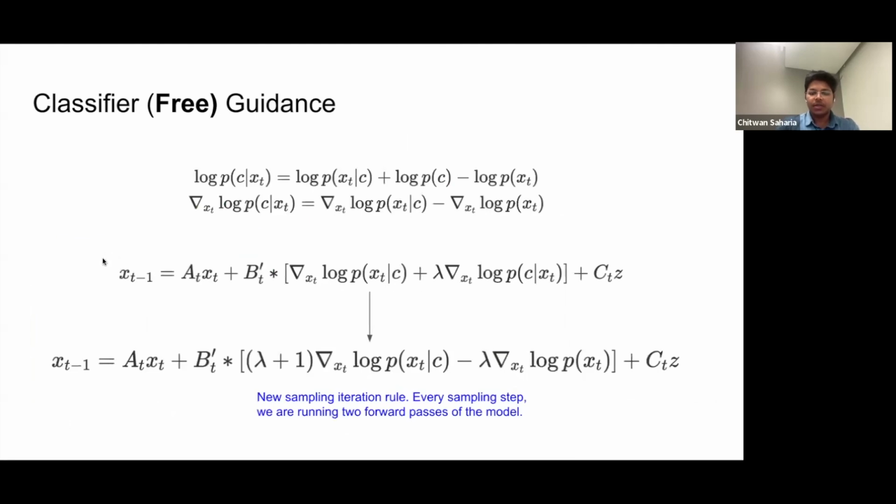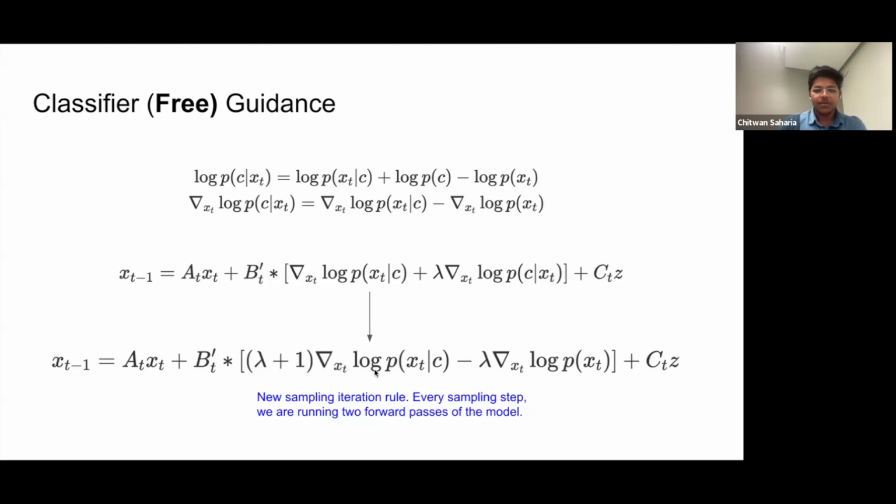So just putting it back together, the equation here was the one that we started out with, where we needed xt given c and c given xt. And now we just replace c given xt with the equation above, and we just end up getting this equation where now this lambda is being applied on both sides just because of how it turns out to be.